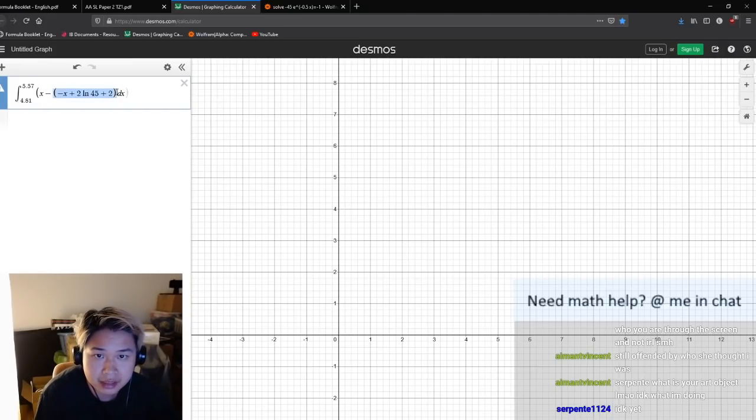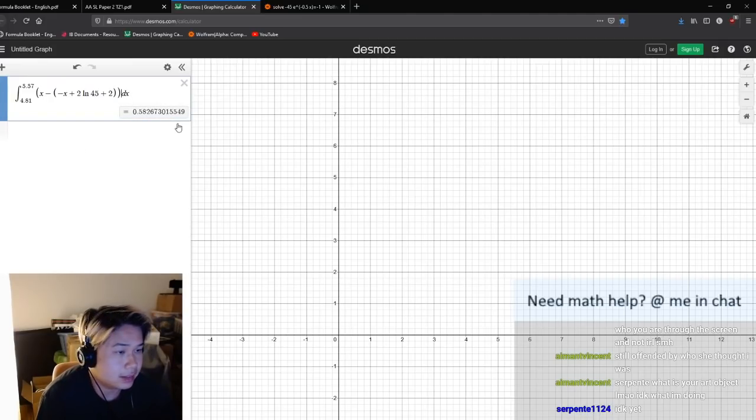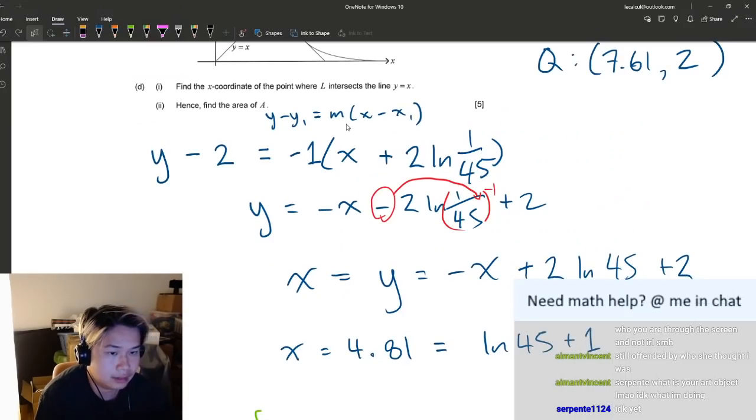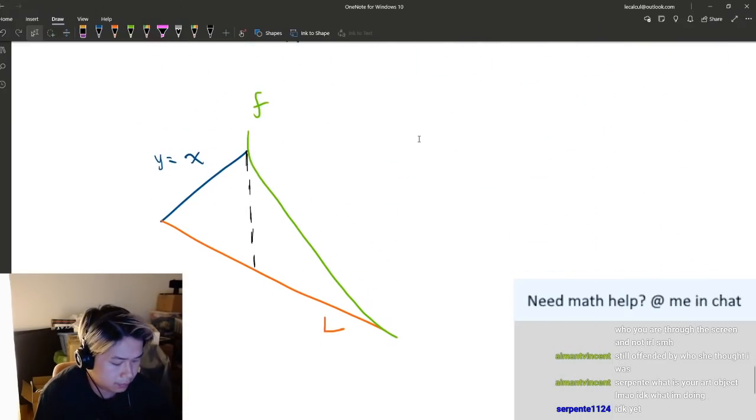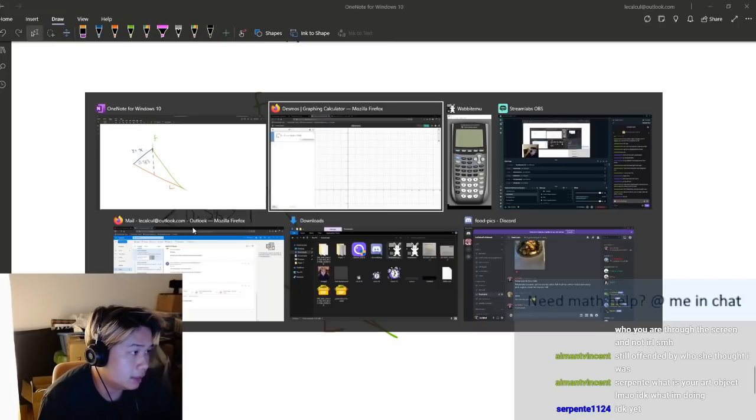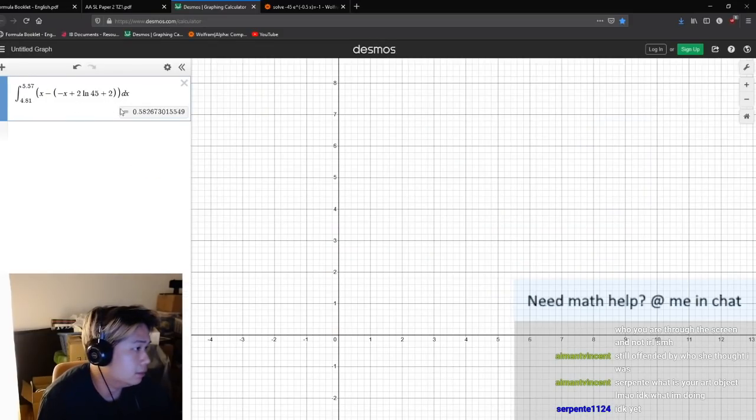And then big brackets around the whole integrand. Okay, so that is this area, 582 or 583. Anyways, I've shown you again how to do this in a graphing calculator in one of the earlier questions today. And then I'm going to call this A.